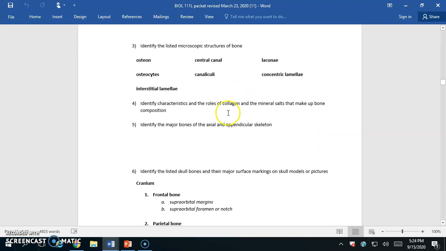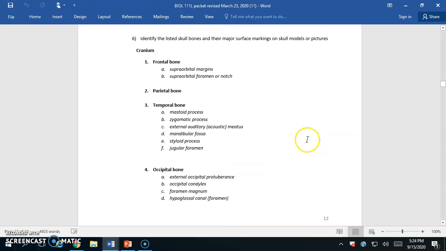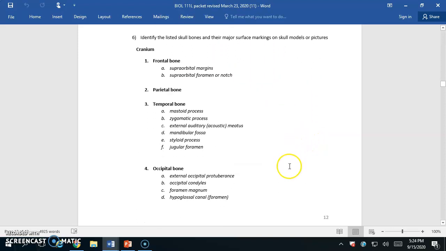Okay, so now we're getting into actually identifying bones in the skeleton. Now realize we are not only going to identify the major bones that are located in the cranium and the face and that make up the spine, but we also want you to be familiar with some of the bone markings or surface markers that are on those bones.